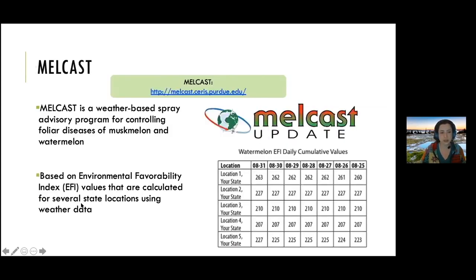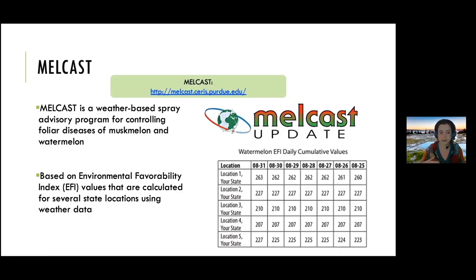So I'm going to start telling you about trials, and I'm going to tell you briefly about this thing called MELCAST, because this is something that we evaluated in collaboration with a couple of the states. Okay, so MELCAST is one of these forecasting type tools for watermelon and melon growers, that is weather-based spray timing. So it gives you an environmental favorability index for disease and tells you when to spray.